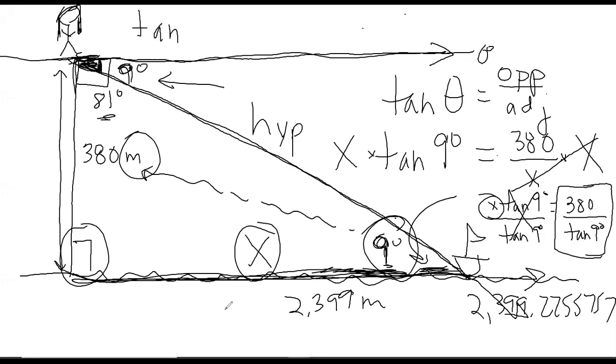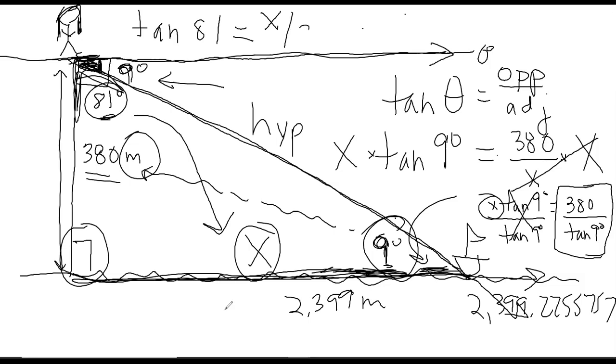Tangent of our angle, 81 degrees. Tangent of 81 equals, now what's opposite? Opposite the 81 is the x, so x goes on top. And then the adjacent to this angle, the adjacent to 81, is the 380. So x over 380.